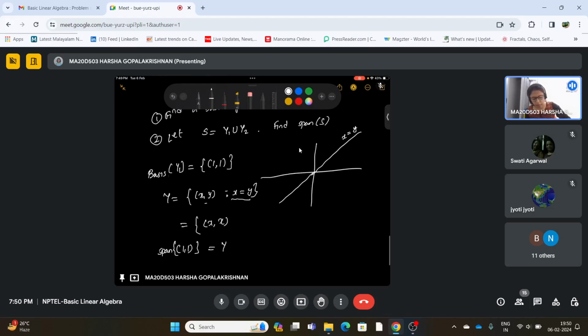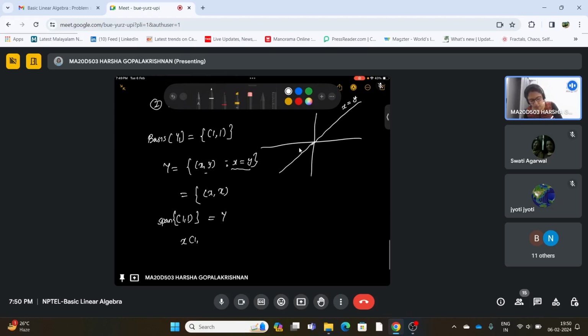Because if I am multiplying x into (1, 1), I will get (x, x). So if I am taking all such collection, the span of (1, 1) means the set of all linear combinations of (1, 1). That means only one element, all the scalar multiples.